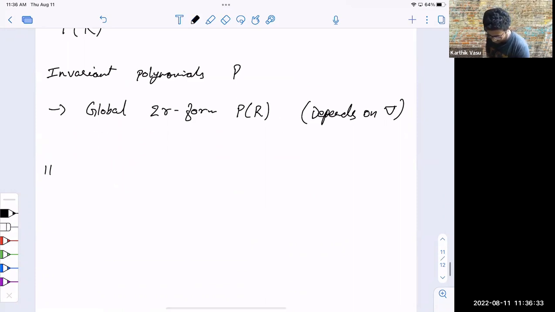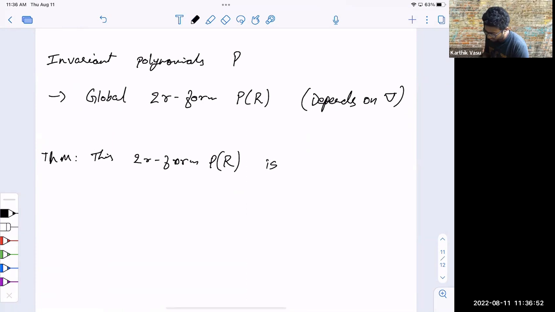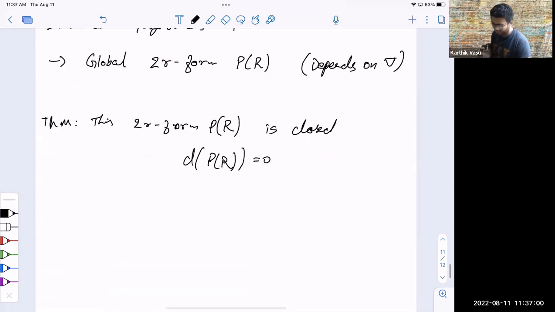Another theorem I will just mention here, without proving, is that this 2r-form p of R is closed. That is, d applied to p of R equals 0.